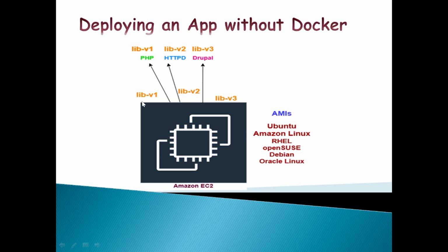So you have to ensure that library v1 is already installed. Similarly for HTTPD, suppose it needs the v2 version. So you have to again ensure that library v2 is already installed, else the installation may fail. And similarly for Drupal, it is library v3, for example.